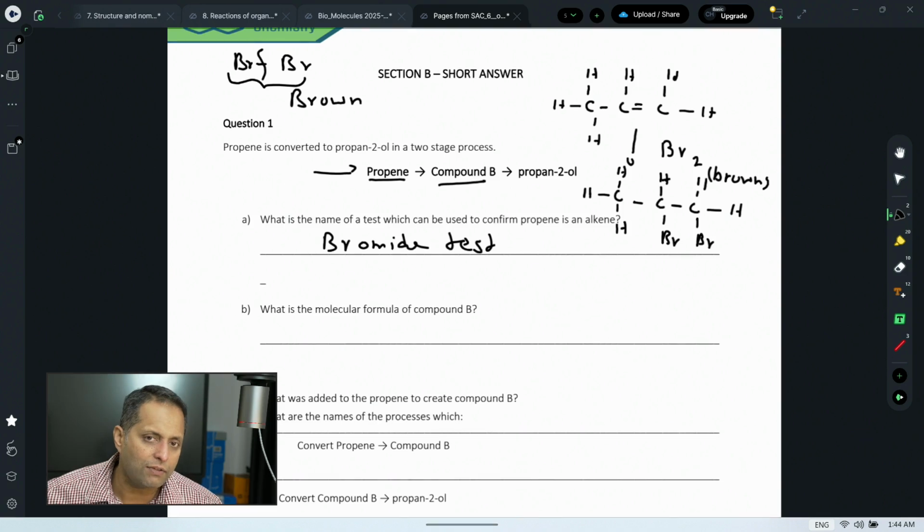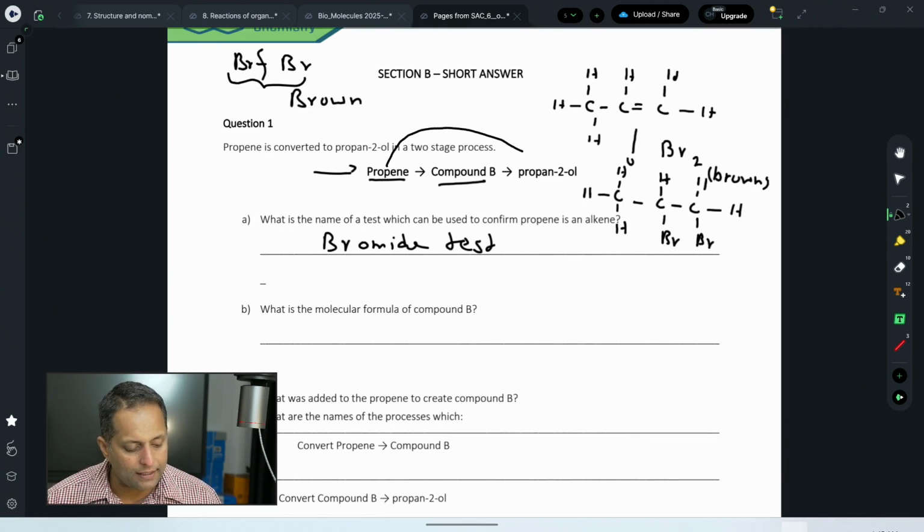So when you are starting with the alkene, if you want to convert it into an alcohol, this is a common reaction pathway. You start with the alkene, you do an addition reaction, and then you do a substitution reaction to convert into alcohol. This can be done in a one-step process.